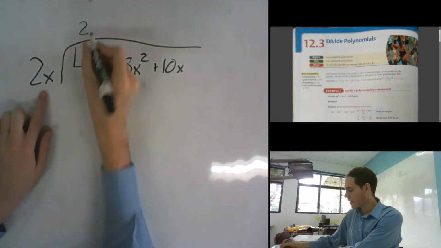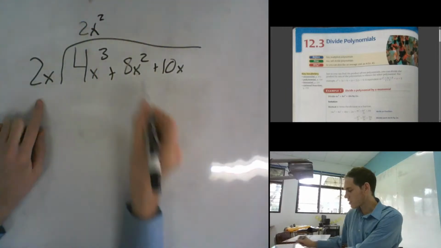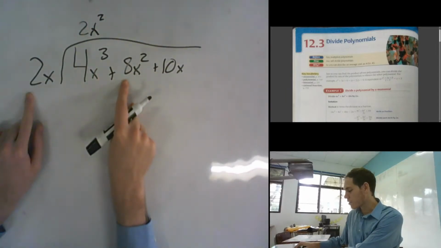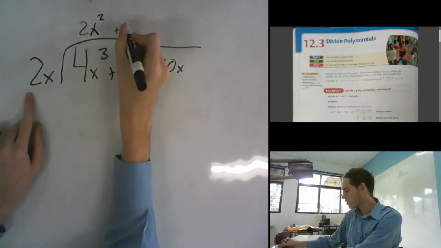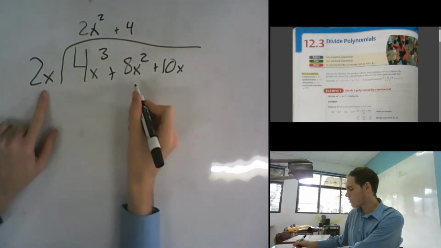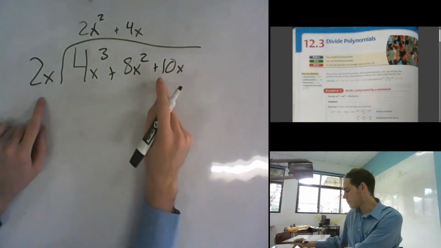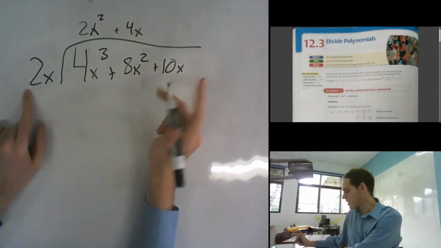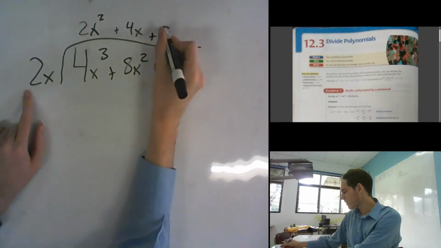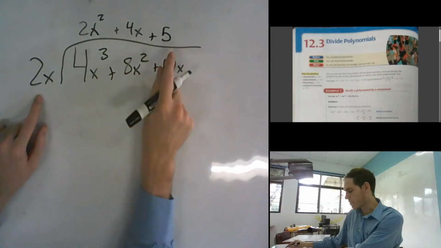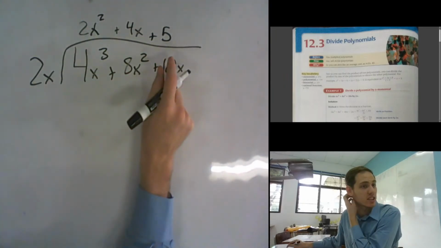X cubed divided by x is x squared. Okay, then we do this. 8 divided by 2 is 4. X squared divided by x is just x. And then 10 divided by 2 is 5. And x divided by x is just 1. So we get 5.